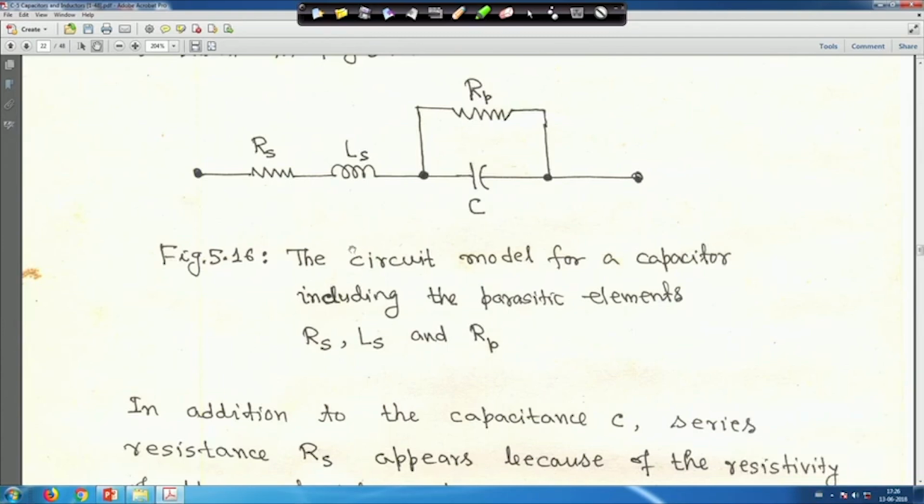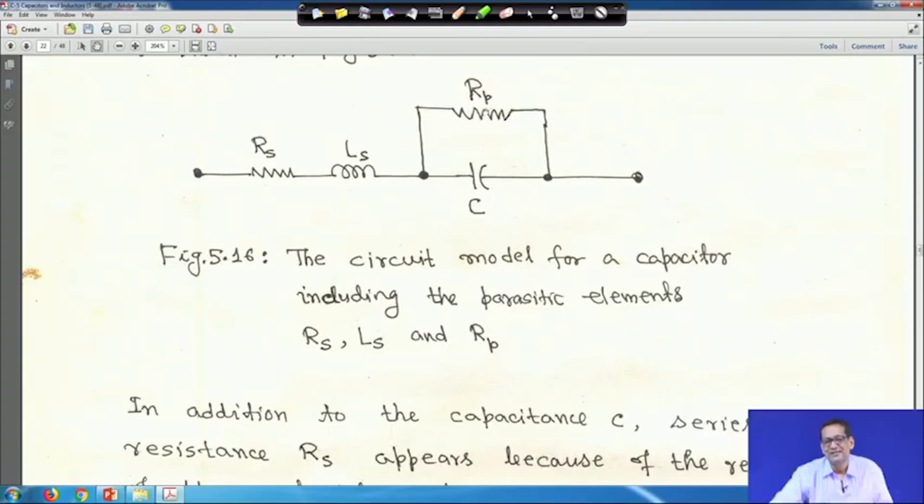Some conduction will be there through the dielectric we are taking in between the parallel plates. Because of that, some Rp will be there. But for a parallel plate capacitor, we neglect Rp, we neglect Ls and we neglect Rs also.